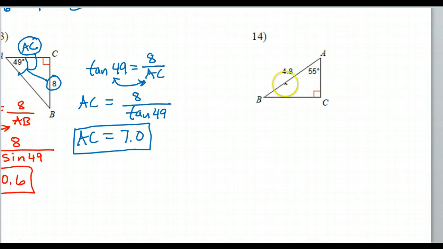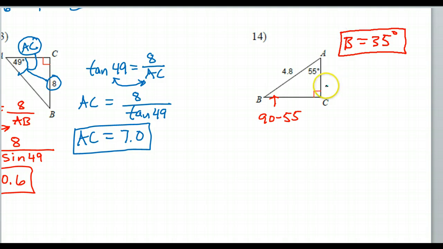Alright, so for number 14, we will need to find angle B. Of course, we will do that by doing 90 minus 55, which means that angle B is 35 degrees. Okay, so let's go ahead and find AC next. So here is AC.